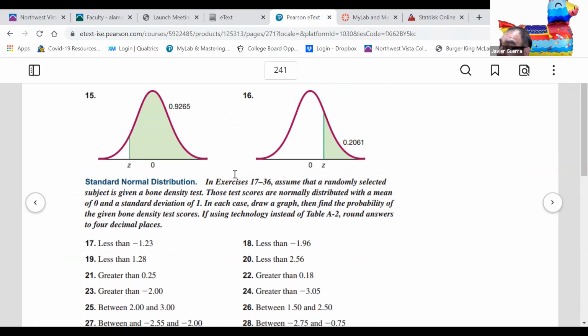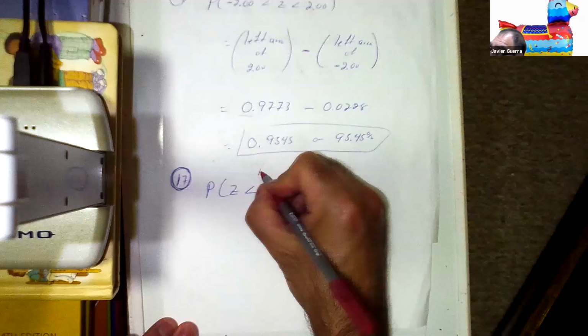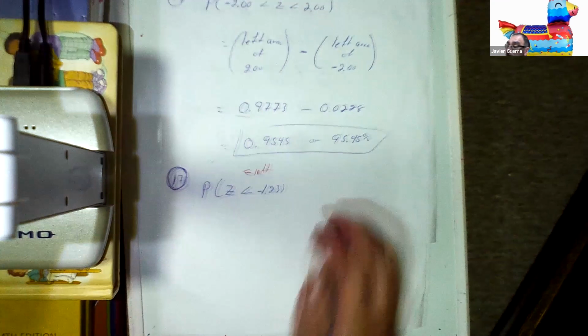So I have to write down the symbol for less than, the one pointing to the left. There's my less than. So I'm shading to the left.